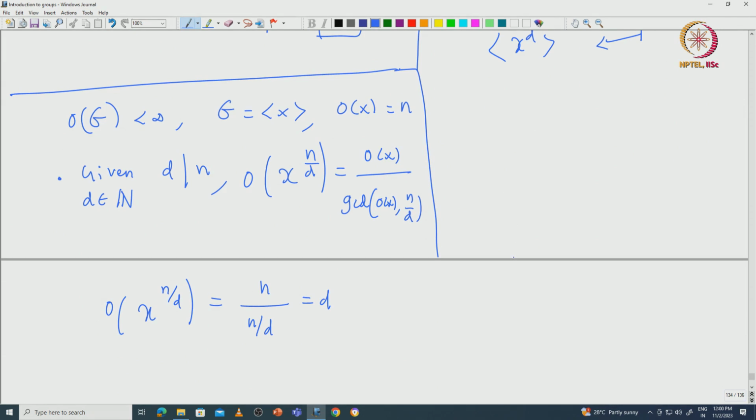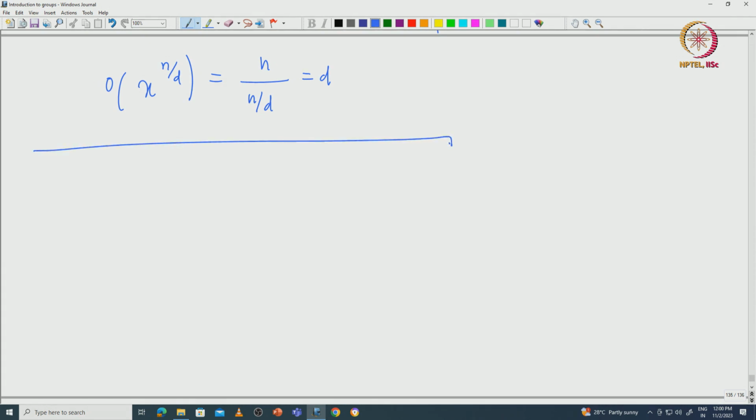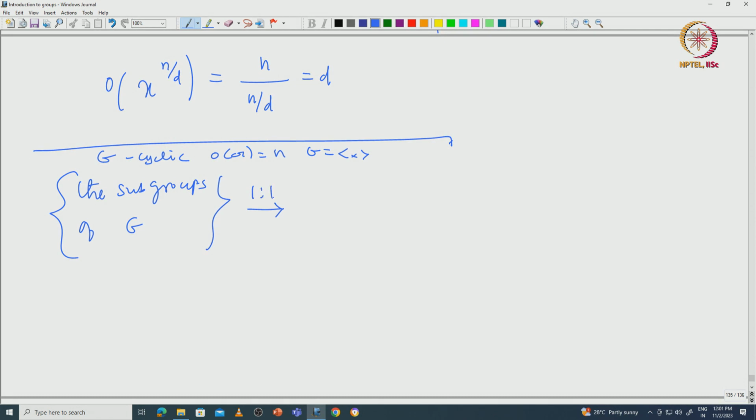So, you take a cyclic group which has order n. So, then what we want to say? We want to say the subgroups of G, where G is cyclic, order of G is let us say n, G generated by x, again have a 1-to-1 correspondence with those divisors which are natural numbers, D divides n.